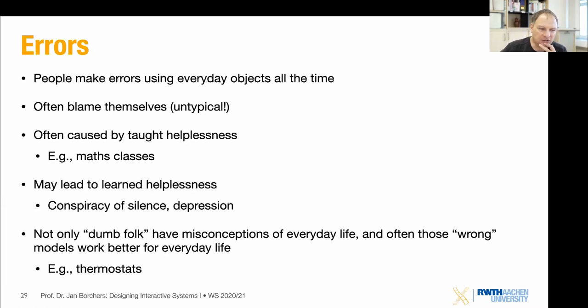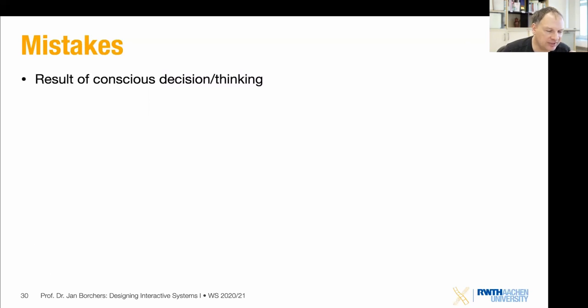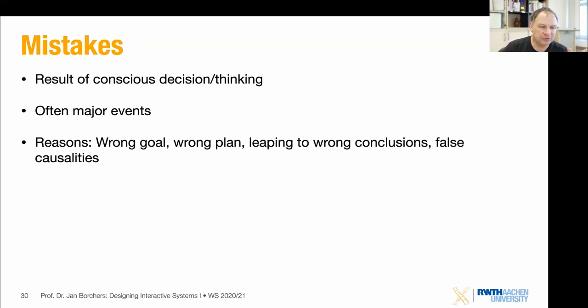And these mistakes are creating friction in use, and we have to distinguish two kinds of errors that are happening. The first one are mistakes. Mistakes are things that happen as a result of conscious thinking, conscious decisions. There are often major things that go wrong, and they happen because you had a wrong goal or a wrong plan, or you leaped to wrong conclusions, or you had assumed a false causality.